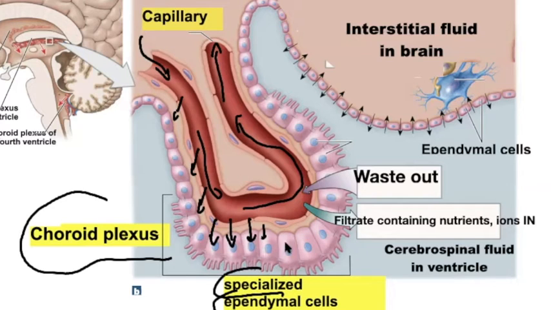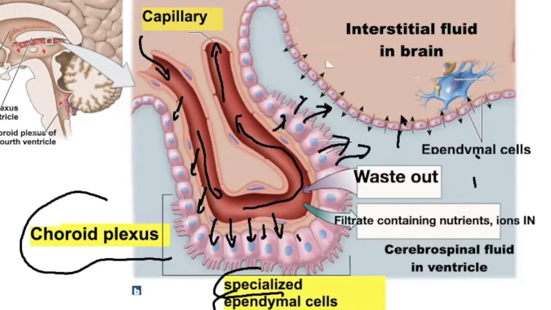So your ependymal cells are going to take this filtrate, make it safe for the brain, and secrete it into the ventricles. It's going to go in through their basal side and leave through their apical side, facing the ventricle walls. Once it's in this space in your ventricles, it can be freely exchanged with the interstitial fluid in your brain.